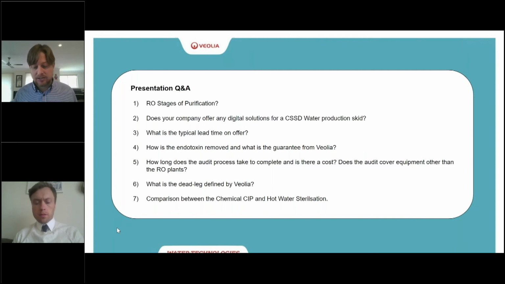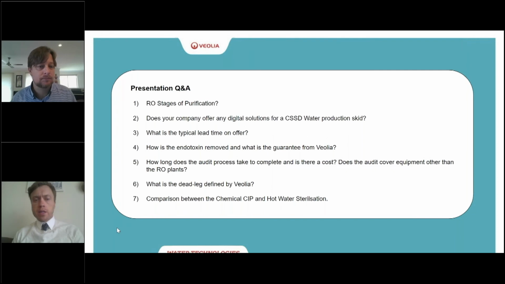Larger, more specialised equipment may take longer, and a small Thermopure unit may take less time. Obviously, at the moment, with the current environment, freight is still a little bit inconsistent. But the lead time for equipment to be built is usually about 12 to 15 weeks, plus freight.